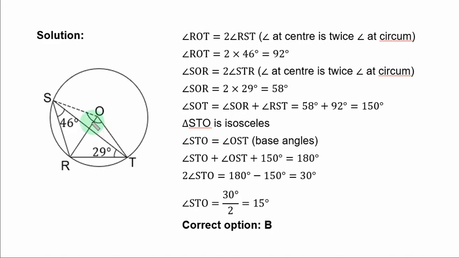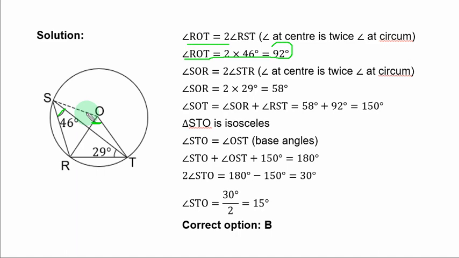ROT is this angle, and that angle is the angle at the center. Now, angle at center, angle ROT, is twice angle RST, that is this angle at the circumference. Angle at center is twice angle at circumference. For that, angle ROT is 2 times 46 degrees equal to 92 degrees.